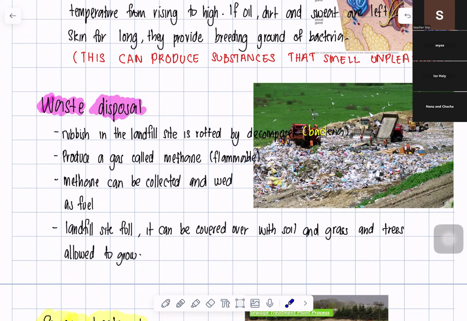The methane can be collected and used as a fuel. And when the landfill site is full, it can be covered over with soil and grass and trees, because it's very fertile.